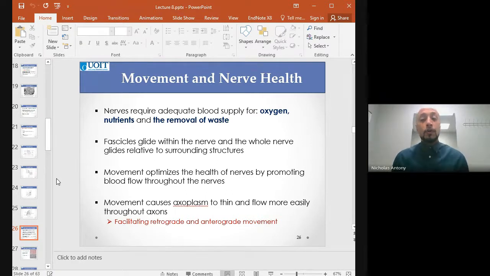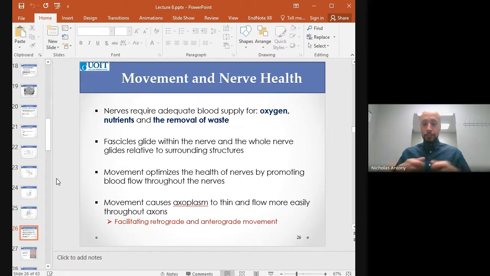Okay, so remember that the peripheral nerves, remember the neurons themselves utilize the most energy, so they need a high blood supply. And so there's arterial branches in the peripheral nerves for that reason. What's really important for the health of the nerve is that movement.